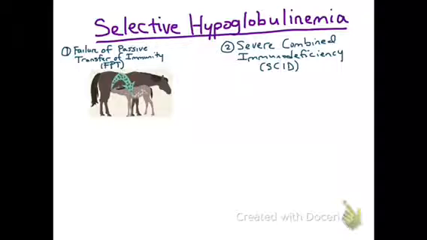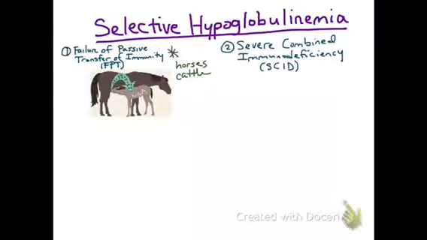Failure of passive transfer is by far the most common cause of selective hypoglobulinemia that we see clinically, and this disease primarily occurs in horses and cattle. So failure of passive transfer is when the neonate does not ingest enough colostrum from the dam, and in doing so they do not acquire enough antibodies.